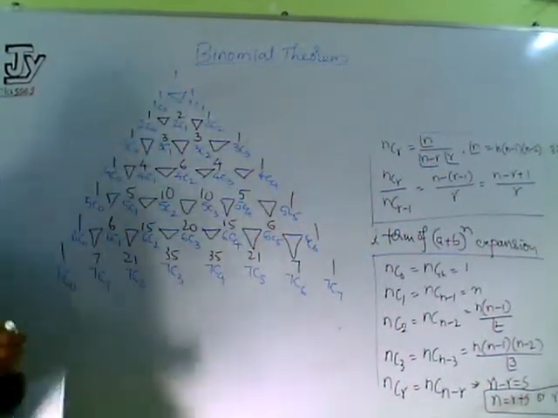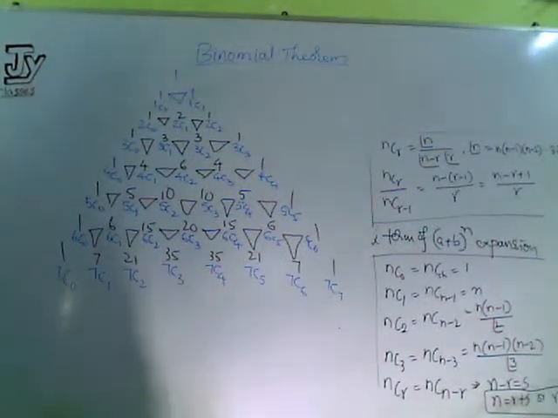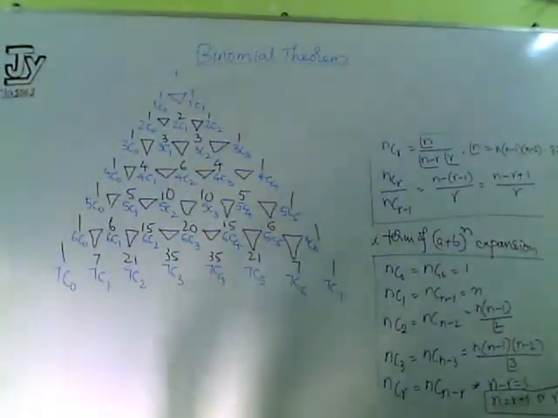7C0, 7C1. So that is about the Pascal triangle.